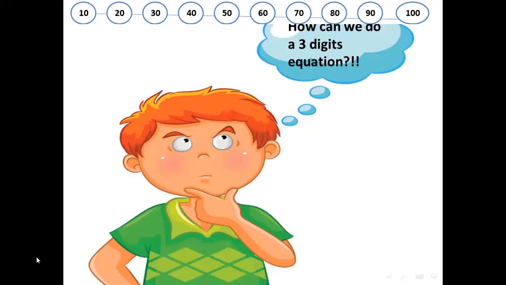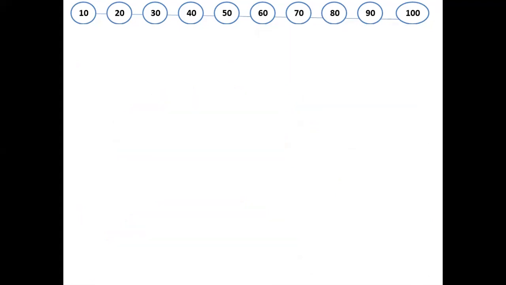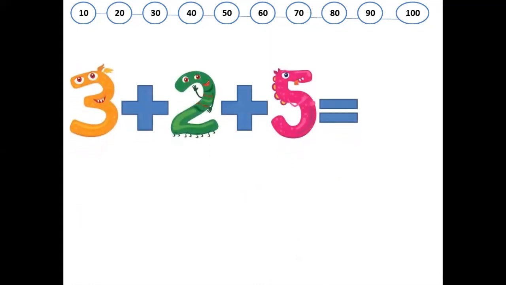I need to make an equation with 3 digits. Let's see how can I do it. First, let's read our equation. Can you read with me, please? 3 plus 2 plus 5 equal.